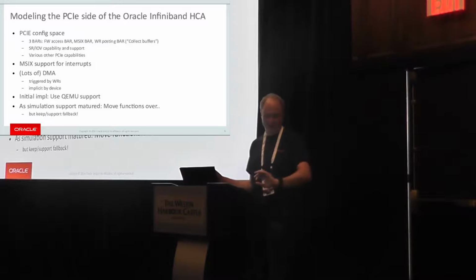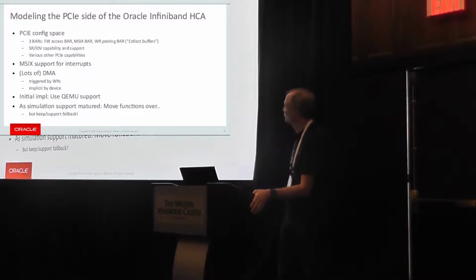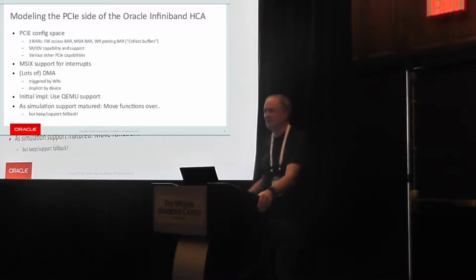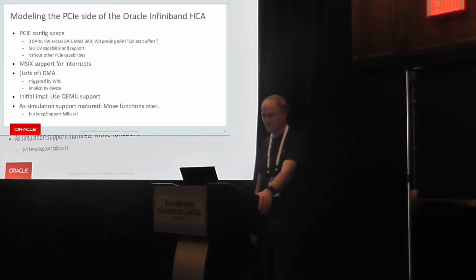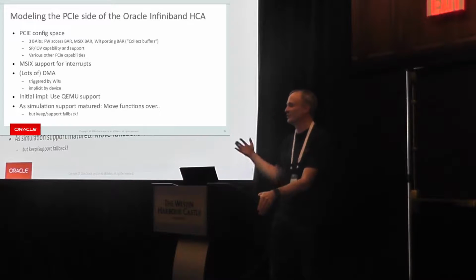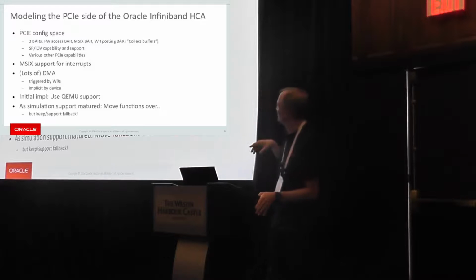So when we try to look at the device and see how we should model it, it's interesting to look at how this device communicates. Obviously it has a PCI config space. Our device has 3 BARs: one firmware access BAR, which is used to communicate with the firmware, one MSI-X BAR for the MSI-X interrupts, and one work request posting BAR, which is similar to what Mellanox calls BlueFlame, which is basically to write a request directly to the hardware.